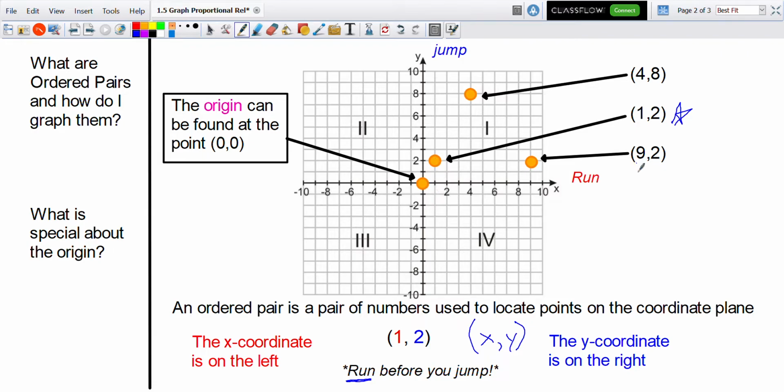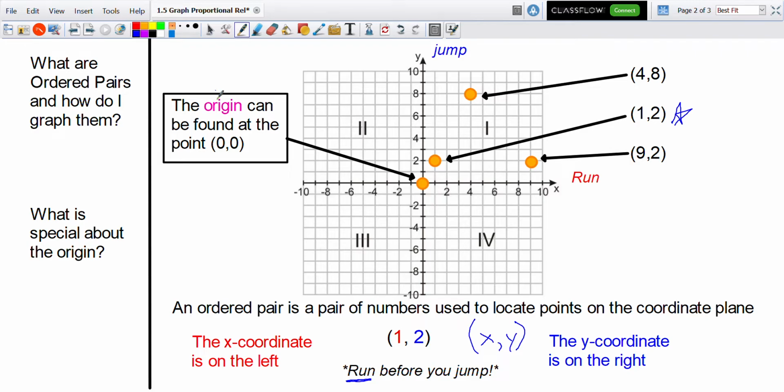The ordered pair 9, 2, the first number being 9 tells us we go 9 spots to the right. And the positive 2 tells us to go up 2 spots. That's why 9, 2 is here. The last ordered pair is 4, 8. The 4 tells us we go 4 spots to the right, and the 8 tells us we go 8 spots up on the y-axis. That's why it ends up here.